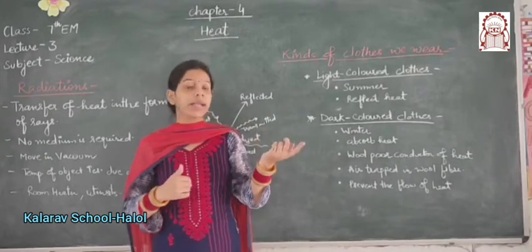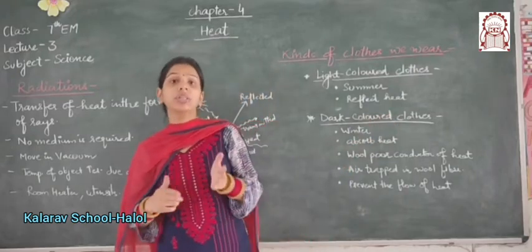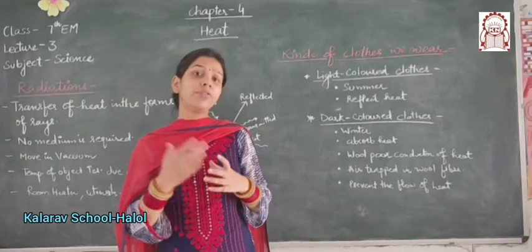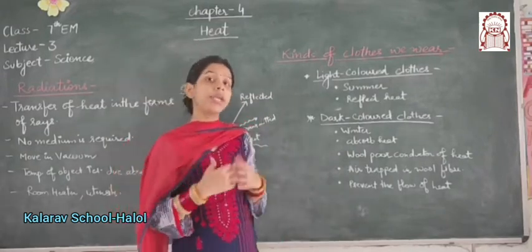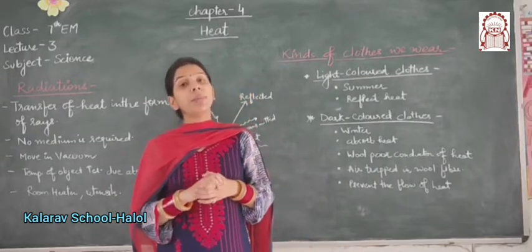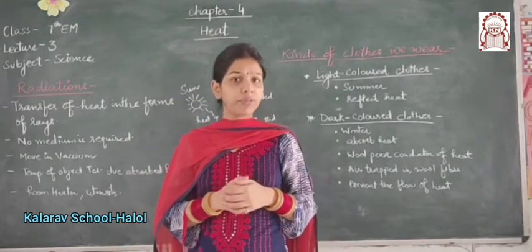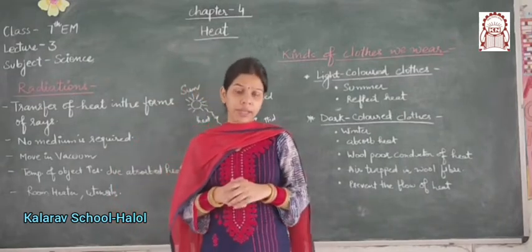On the other side, dark colored clothes are worn in winter. In winter, we prefer to wear woolen clothes. Why are woolen clothes preferred in winter? As we know, wool is a poor conductor of heat.